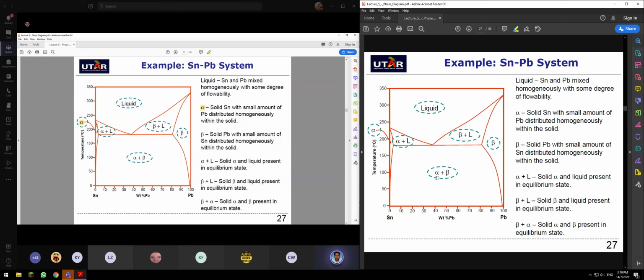Solid tin, this is solid, almost pure stannum, pure tin, where lead is a little bit distributed. You have a few weight percentage of lead here, homogeneously within the solid. Beta, on the other hand, is solid lead with a small amount of tin distributed homogeneously within the solid.